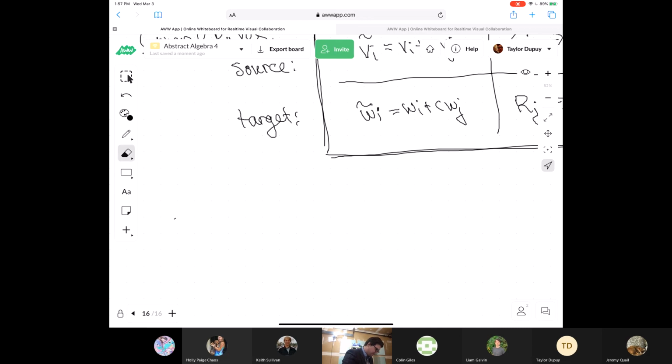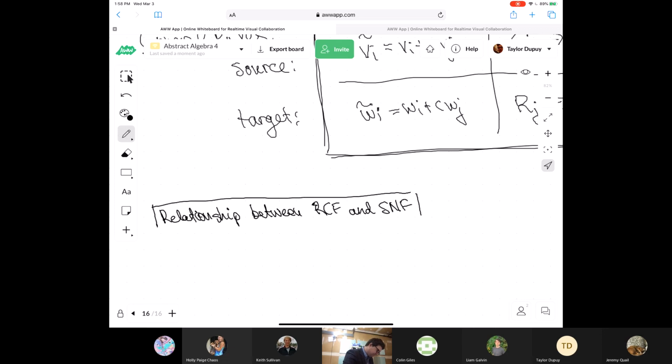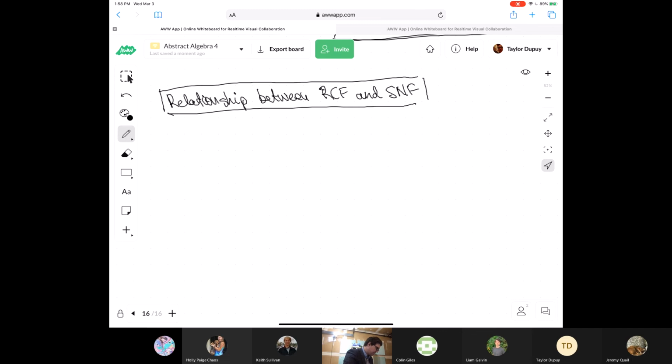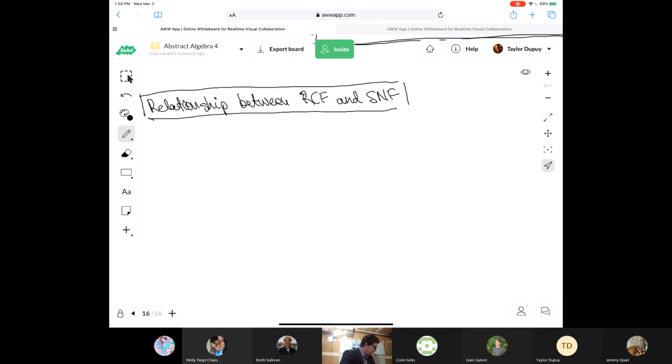So the relationship between rational canonical form and Smith normal form. Okay, so here's the theorem that I want to state.